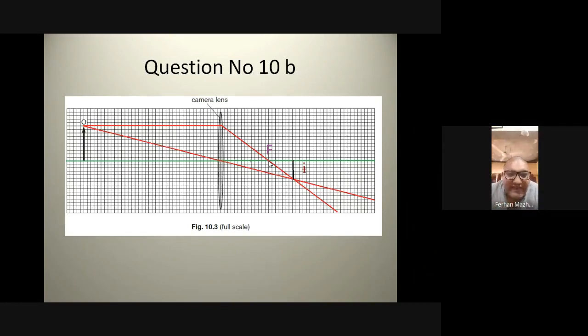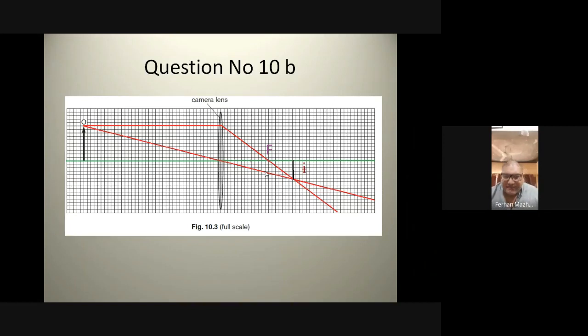From the optical center, count 15 small squares on the principal axis to the right and mark there F, because 5 small squares are representing 1 centimeter. So the focal length is 3 centimeters. The optical center is here in the middle of the body of the lens. From here, count 15 small squares to the right, put a dot there on the principal axis and write F like I have done.